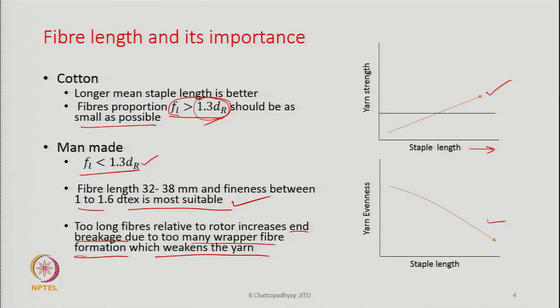and the more wrapper fibers there are, the more they weaken the yarn, because they do not participate in load bearing when the yarn is stretched. When the yarn is stretched, how many fibers are supporting the load really matters, and that decides the strength of the yarn.